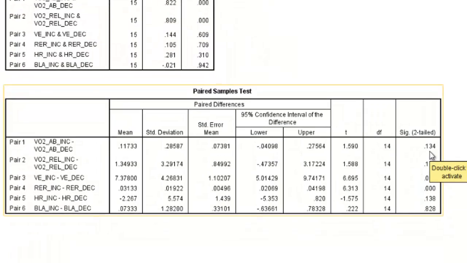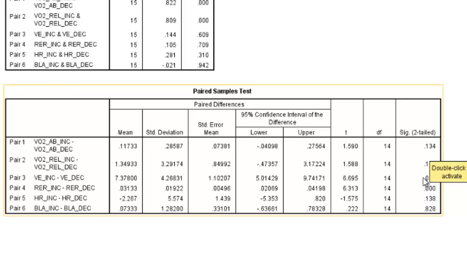But the important thing, is there a difference between the two? Well, looking at the significance values here, once again, what we're looking for is a value that is below 0.05. If it is below 0.05, we can say there is a significant difference. So is there a significant difference between VO2?